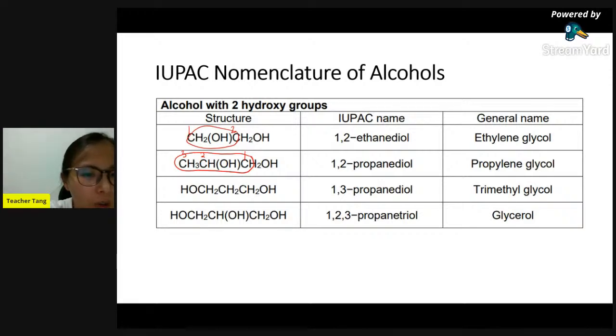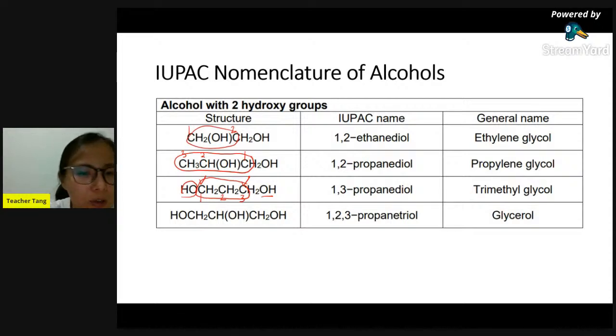Like the third example here, where is the carbon number 1? Number 1, number 2, number 3. So this has a hydroxyl group attached to carbon number 1 and carbon number 3. So we can call this alcohol propane-1,3-diol or 1,3-propane-diol.